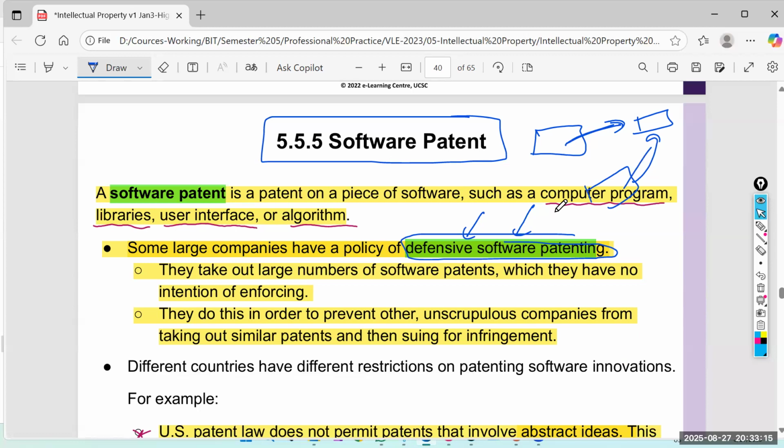A company takes patents because they fear others will get a patent for your idea and prevent you from using it. You are not very serious about others copying your idea. You don't care. But you really care whether you lose the rights to use it. So therefore you go and get the patents. So that is called defensive software patenting.